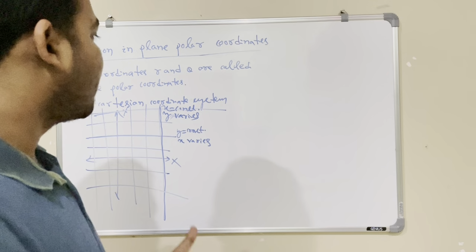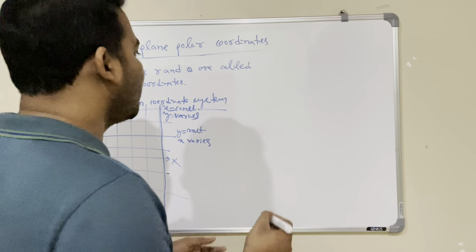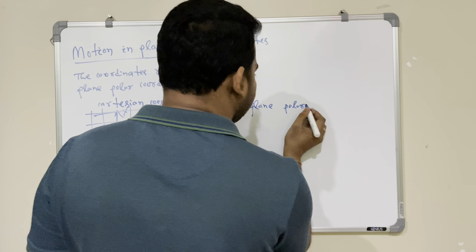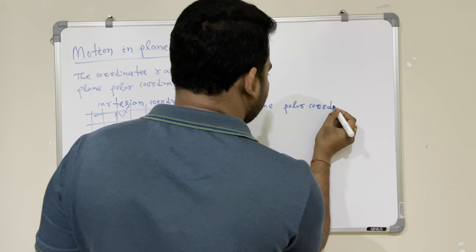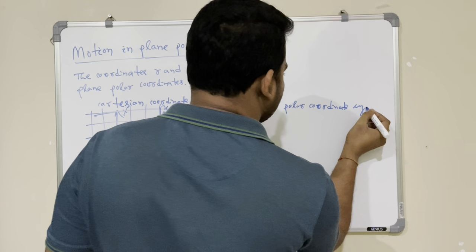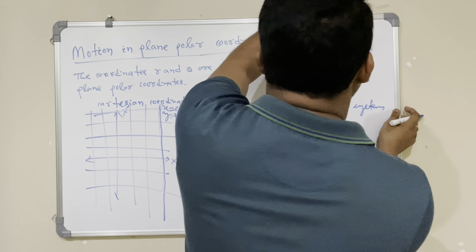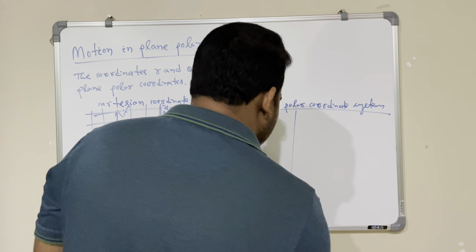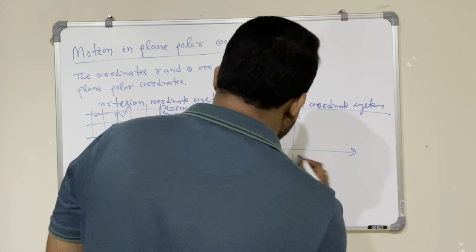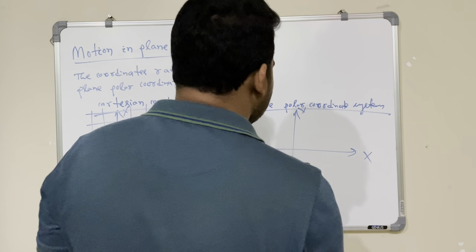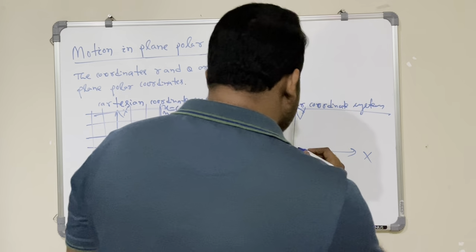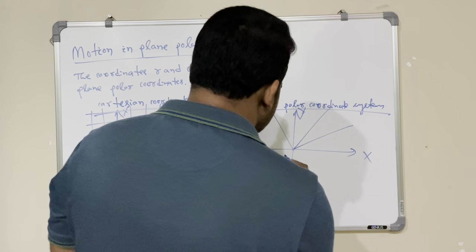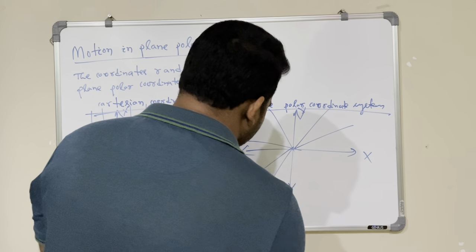Now we'll draw constant coordinate lines for the plane polar coordinate system. Similarly, here is the x-axis and this is our y-axis. These are the lines of constant theta, let's say here theta is 30 degrees, here theta is 60 degrees.